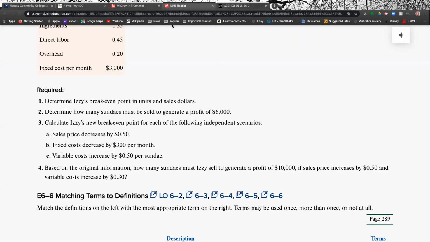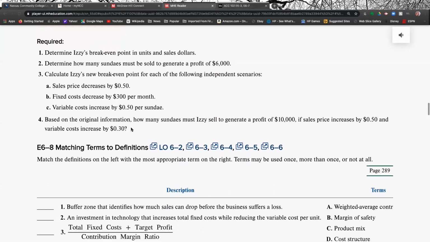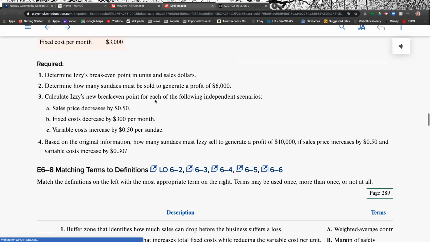Part 4. Based on the original information, how many sundaes must Izzy sell to generate a profit of $10,000 if the sales price increased by 50% and the variable cost increased by 30 cents? So now, how is that going to affect things? Target profit, remember, we need to take the fixed cost and add the profit.